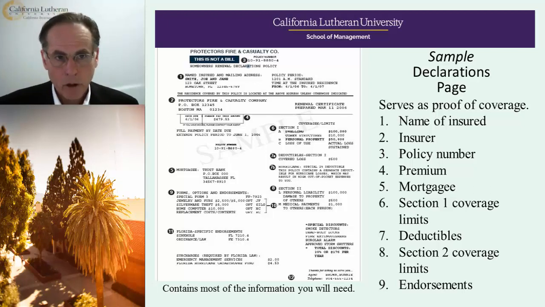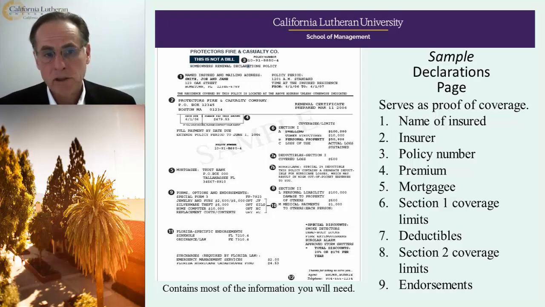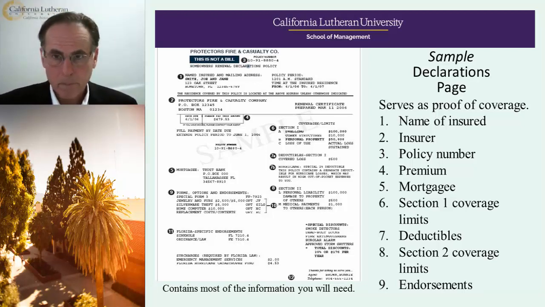So when I'm looking at the homeowner's policy need, this declaration page does a pretty good job of letting me know if the client is in pretty good shape or if we need to upgrade their coverage.